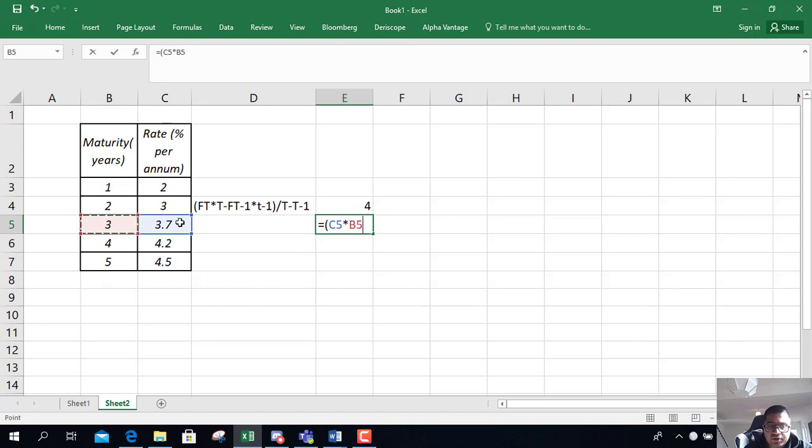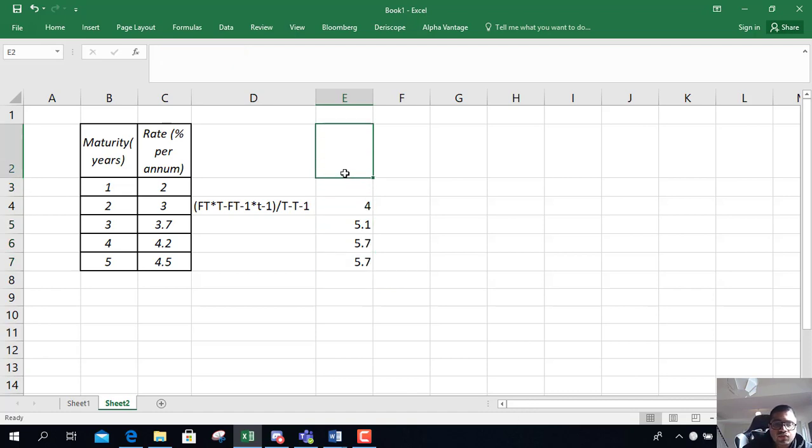So 3.7 into 3 minus 3 into 2, divided by 3 minus 2. So it is 5.1. And I'm just going to drag it. So it is 4, 5.1, 5.7 and 5.7.